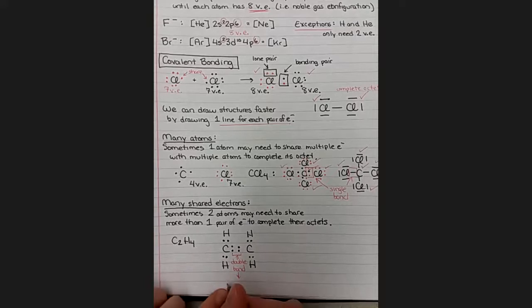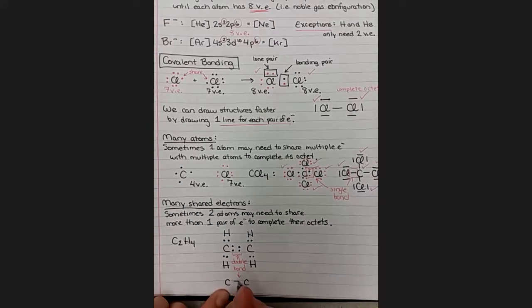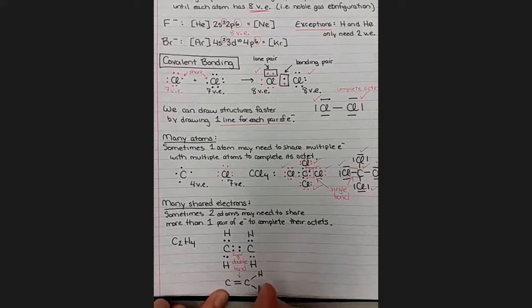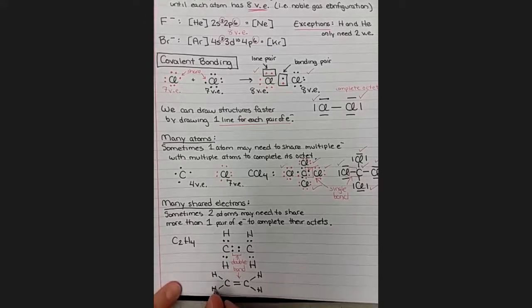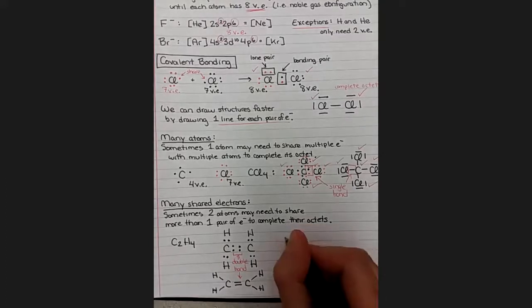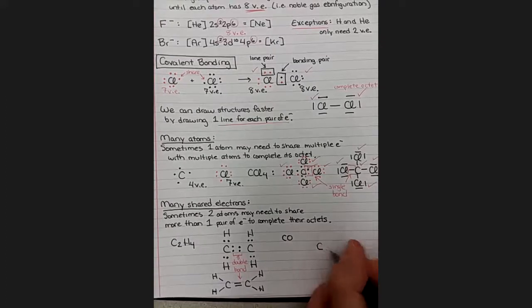And we can draw this in the shorthand notation. We can use lines, one line for each bond. So when we draw two lines, that represents a double bond. And a single line, like we draw over here for the carbon-hydrogen bonds, are single bonds. So we have single bonds, we have double bonds, we also have triple bonds that are seen fairly commonly.